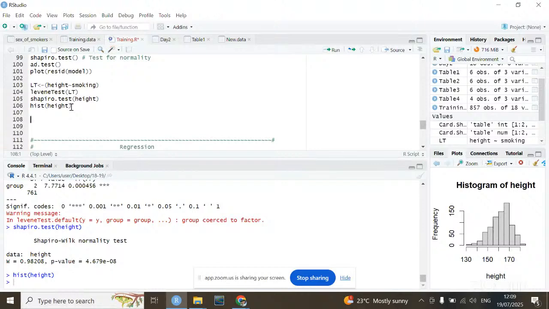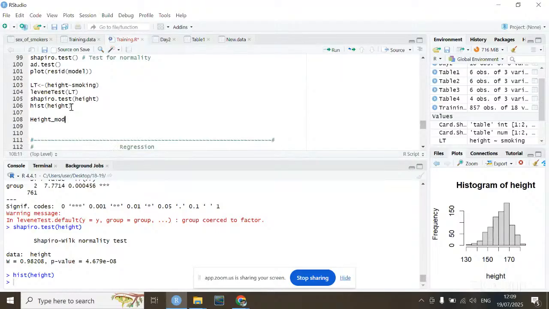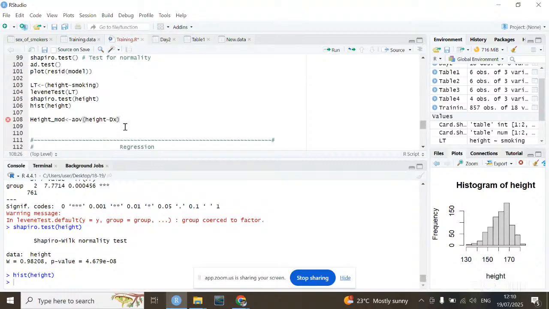Let us create a model. Let me say height, then we can use the aov command or aov function. Then we say height varying with diagnosis, obesity, and smoking.